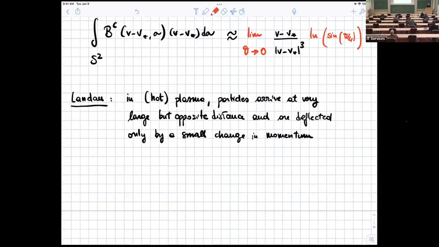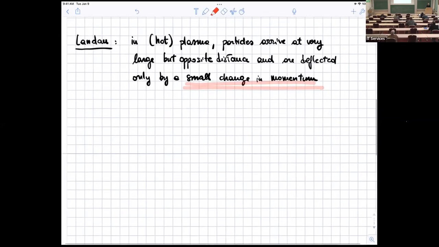This condition, this small change in momentum, is actually crucial in the modeling, because only in this case could he formulate that the evolution of the particle density can be modeled by a Fokker-Planck type of operator, because the Fokker-Planck operator models phenomena in which, through collision, you have a small change in your system.